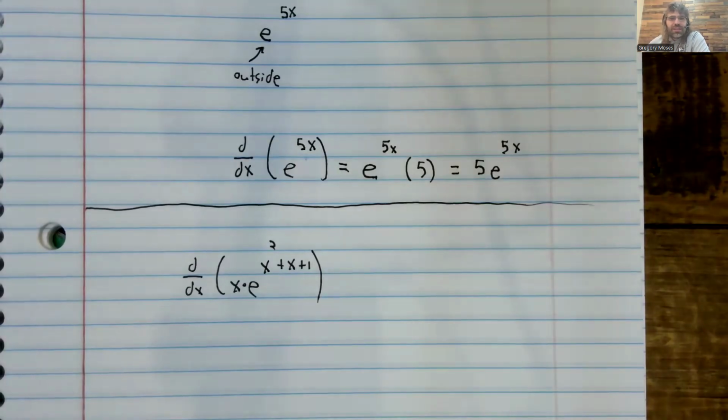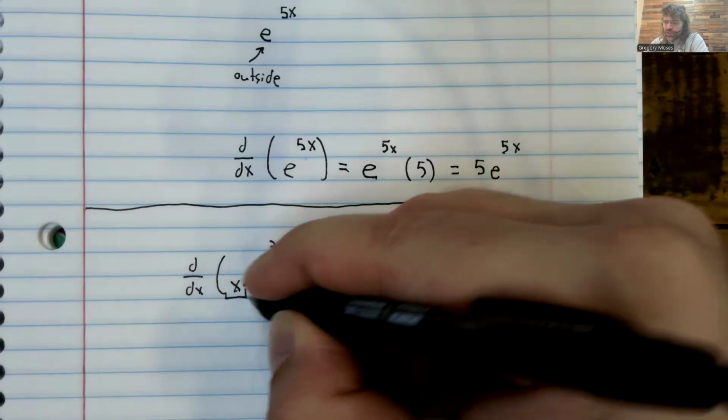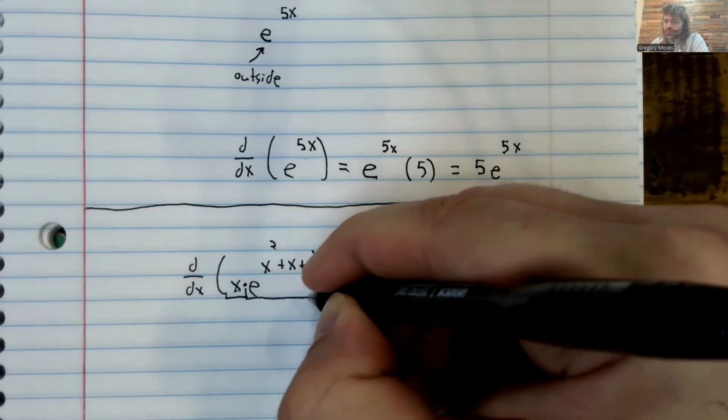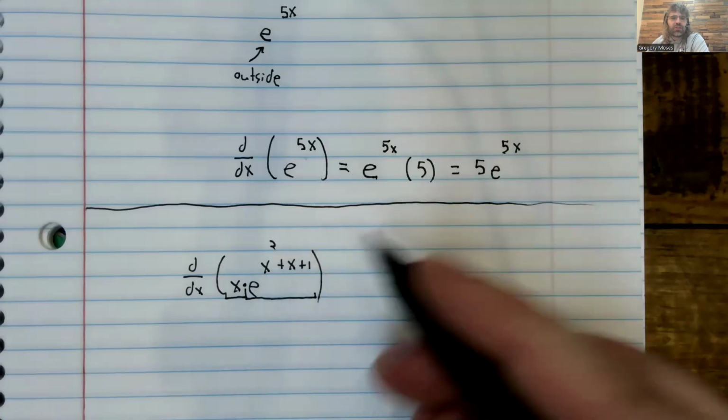We just need to keep calm and do things carefully and in their correct order. So we start with the product rule. We've got one function, x, times another function, e raised to this quadratic.